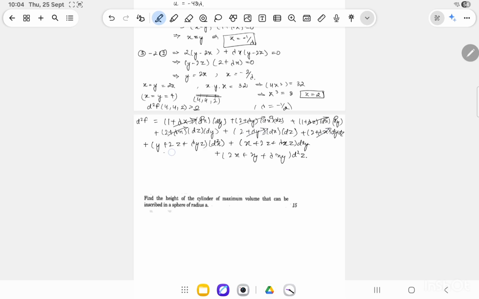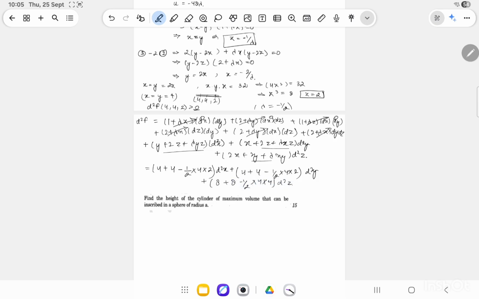Now we're supposed to check these three values. So this will be 4 plus 2 twos are 4, minus 1 by 2 into 4 into 2, into d square x, plus 4 plus 4 minus 1 by 2 into 4 into 2, into d square y, plus 8 plus 8 minus 1 by 2 into 4 into 4, that is d square z.